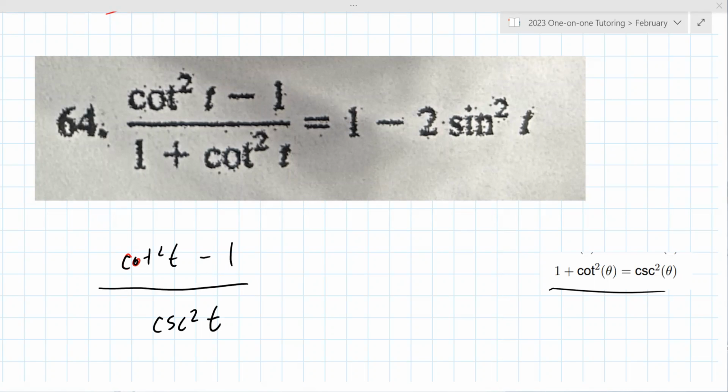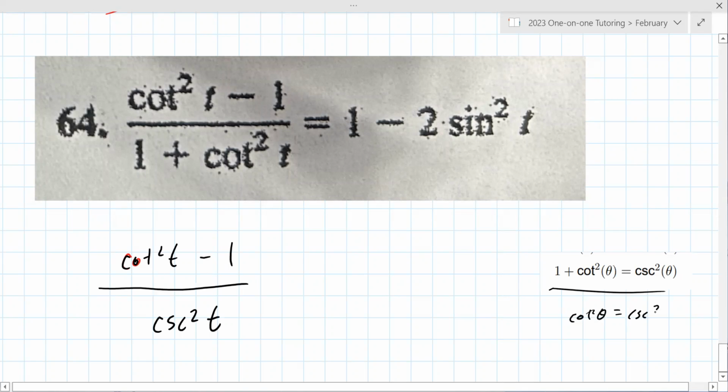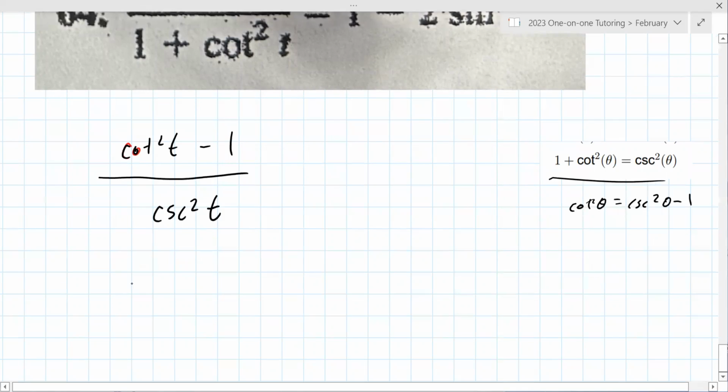I'm kind of stuck. Okay, so let's substitute in for cotangent squared. So cotangent squared on the right is now cosecant squared theta minus 1. And that's what I was trying to allude to: the top becomes minus 1 minus 1. That gets you the 2 that you're looking for.